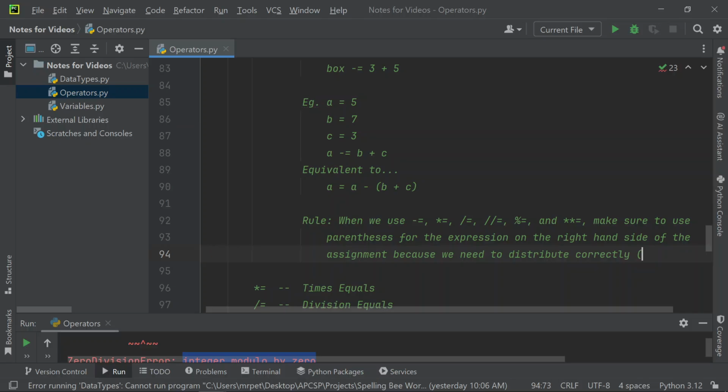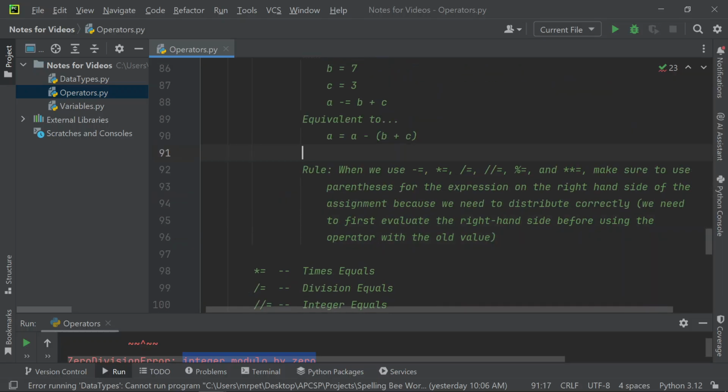And what this really means is that we need to first evaluate the right hand side before using the operator with the old value.